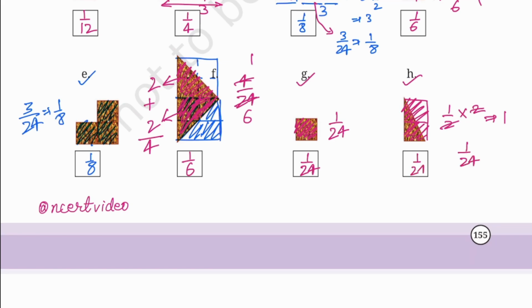The answer is 1 upon 24. You can count it like this. This is more than half, so counted as 1, and this one 0. The answer will be 1 upon 24.